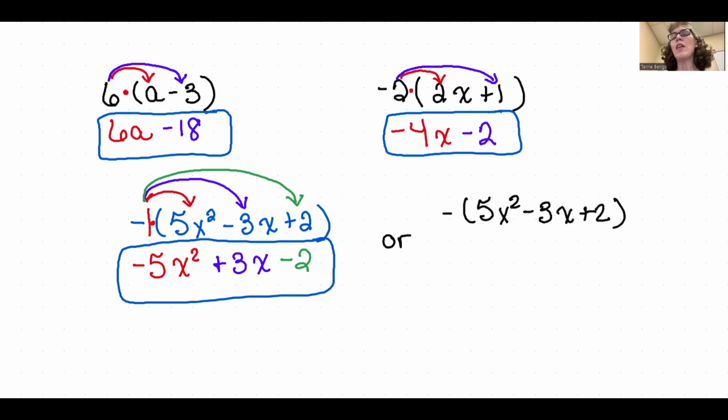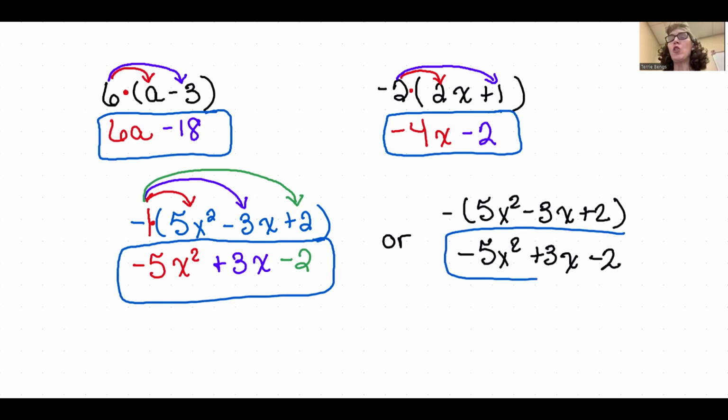So here we have a 5x squared, so it will become a minus 5x squared. Here we have a minus 3x, so we're going to change it to a plus 3x. Here we have a positive 2, so we're going to change it to a minus 2. With that being said, you can see we just changed all of the signs. And if you look, both answers are the exact same. So you can do it either way and get the same answer.